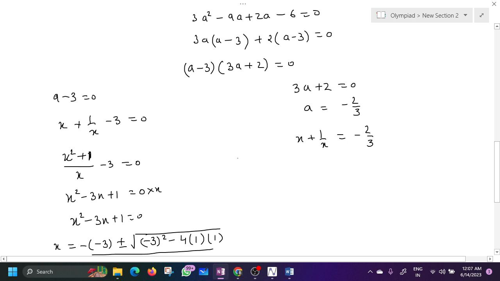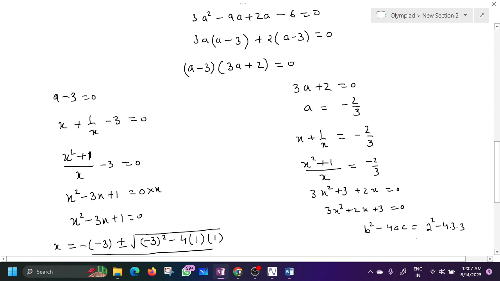Now x square plus 1 over x is minus 2 by 3, so 3x square plus 3 plus 2x equal to 0, 3x square plus 2x plus 3 equal to 0, and b square minus 4ac of this quantity will be 2 square minus 4 into 3 into 3, which will be 4 minus 36, which is negative.